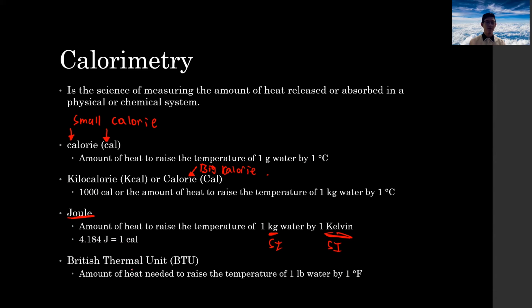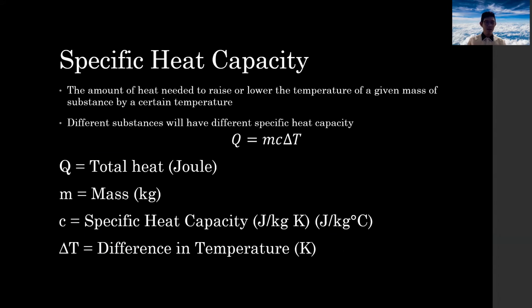Then the last one, which is also the most rare, I guess, the least common, is the British Thermal Unit, or BTU, which is the amount of heat needed to raise the temperature of 1 pound of water by 1 Fahrenheit. So to calculate the calories, there's this formula that we use, for the amount of heat needed to raise or lower the temperature of a given mass of substance by a certain temperature.